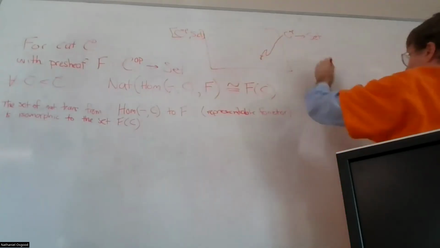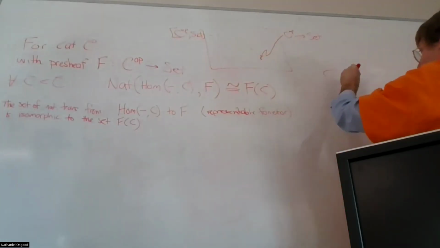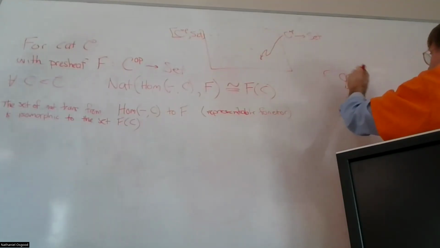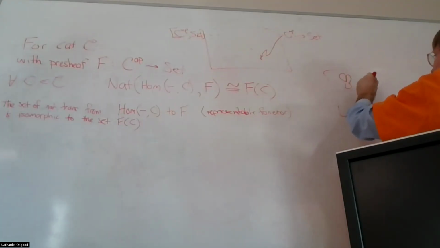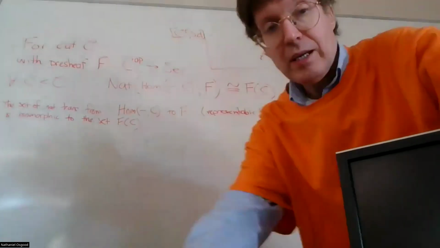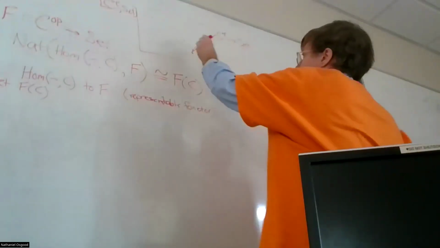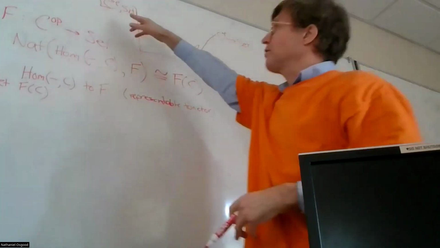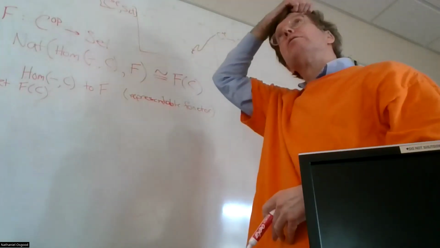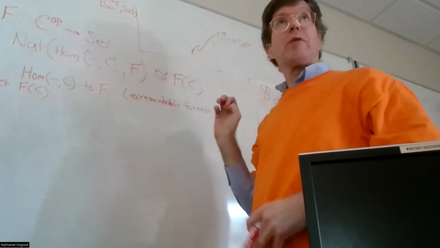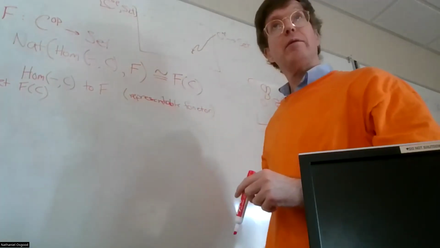Maybe it's a diagram with bouquets, right? Something like that. So each of these dots is one of these. Or if C op is the graph schema, then each of these dots would be a graph. Are we okay with that?